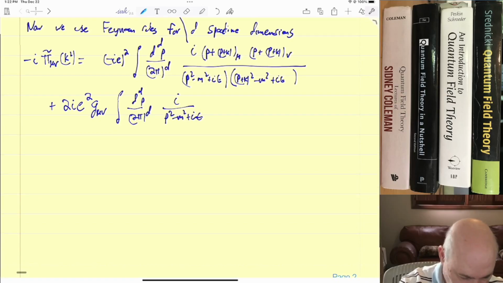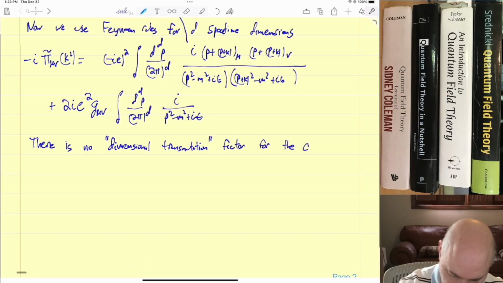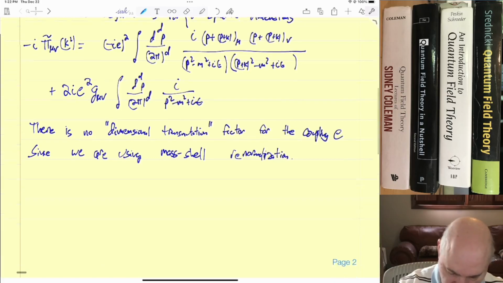Coleman points out, and I'm not sure I understood this 100%, I'm going to have to go back and review it, that there is no dimensional transmutation factor for the coupling e, since we are using mass shell renormalization. Alright, for now we'll just accept that.